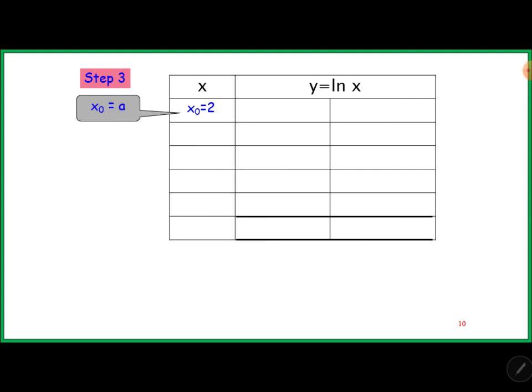So if I am the person answering the question, I will list out all the values of x and then confirm that it includes the lower limit and upper limit. So it should be 2 plus 1 is 3, 3 plus 1 is 4, 5 and 6, where 6 is xn, the last number, which is x4, because our n is equal to 4.